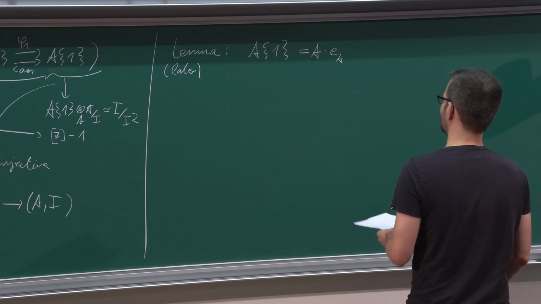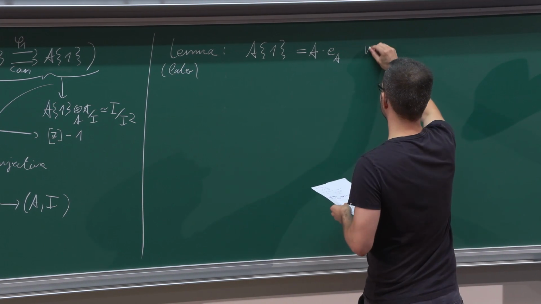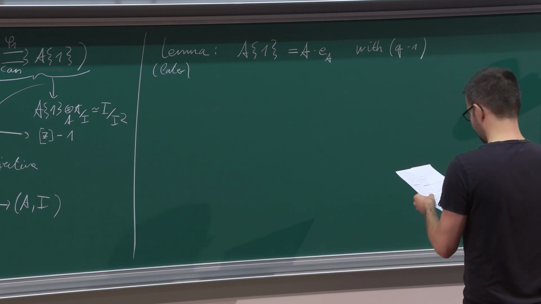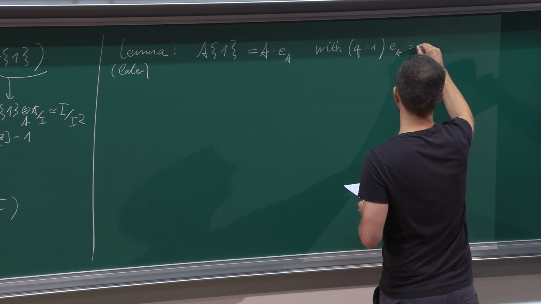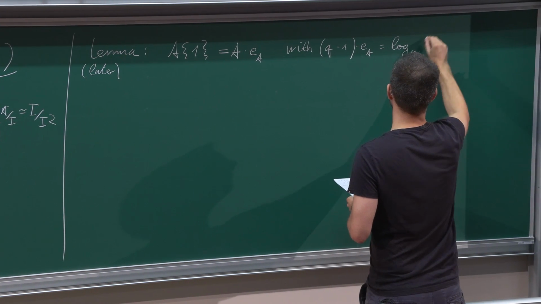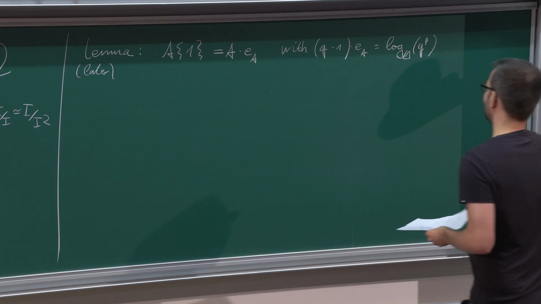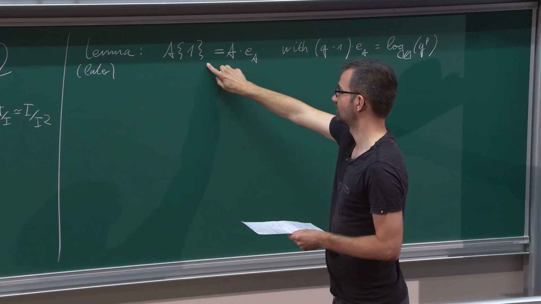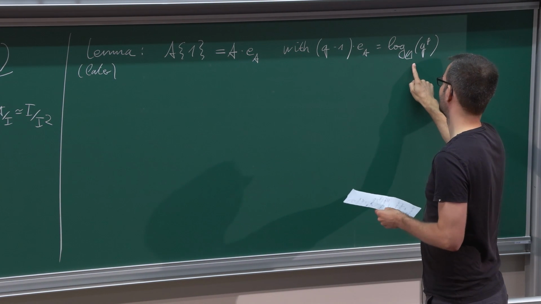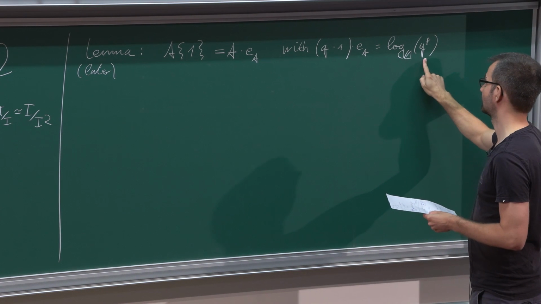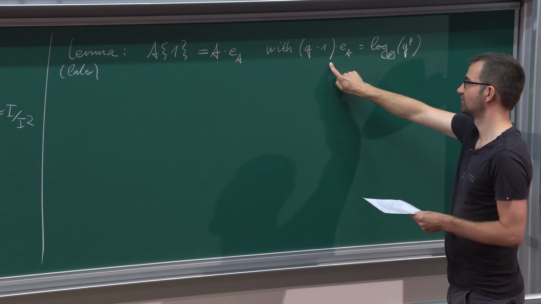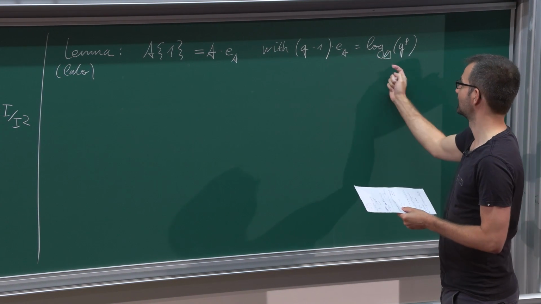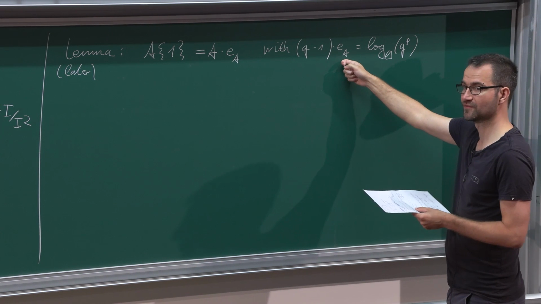It's generated by some element EA, and this element EA has the property that Q minus 1 times EA is equal to the prismatic logarithm applied to Q to the P. In other words, in the Breuil-Kisin twist, the image of the prismatic logarithm of this element is divisible by Q minus 1, and the division of that thing by that thing gives a generator.